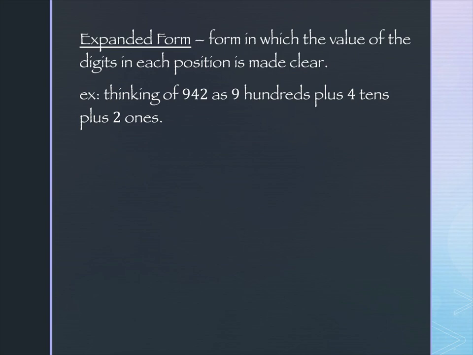Okay, so when we do this, though, we often end up writing it like this: it's 9 times 100 plus 4 times 10, and then 2 times the number 1.